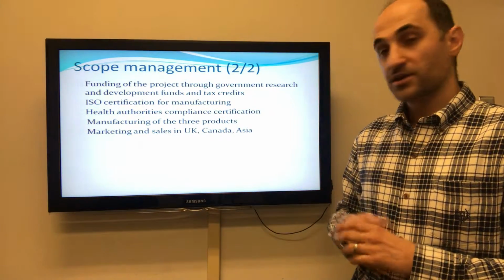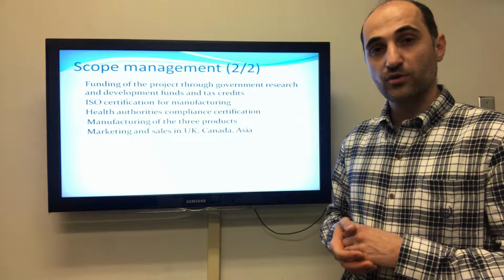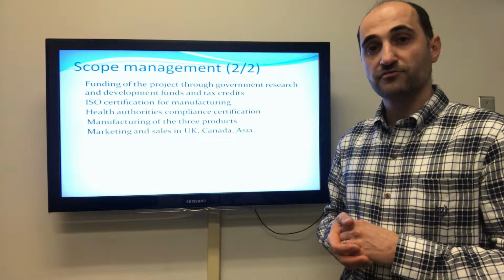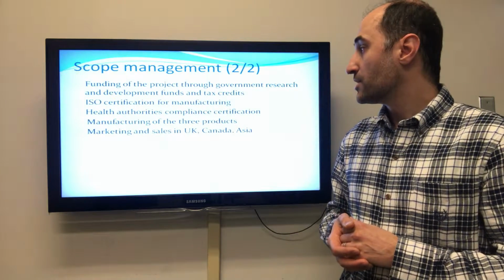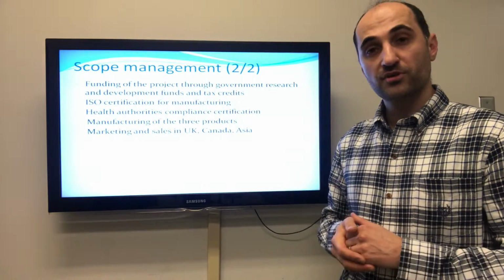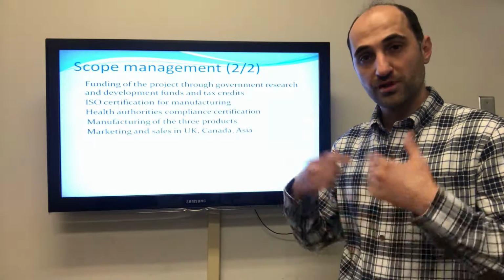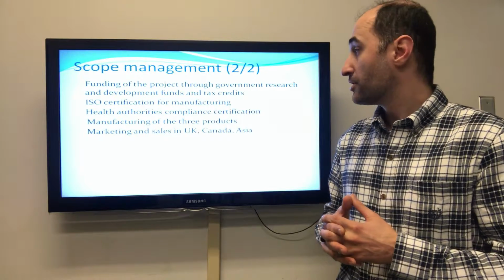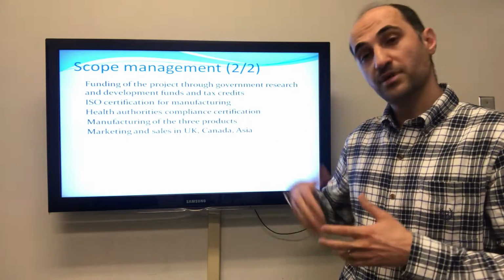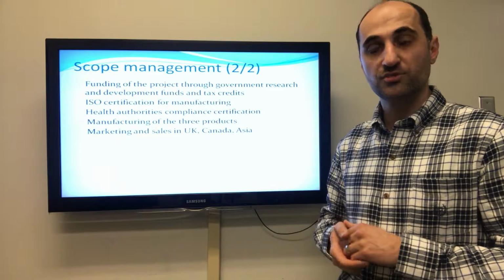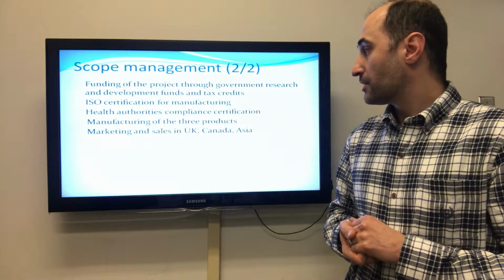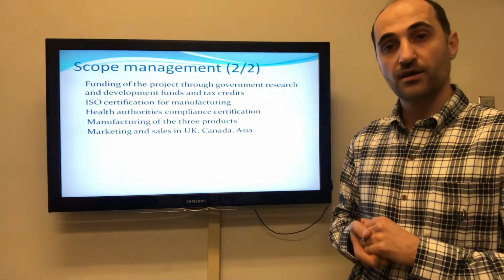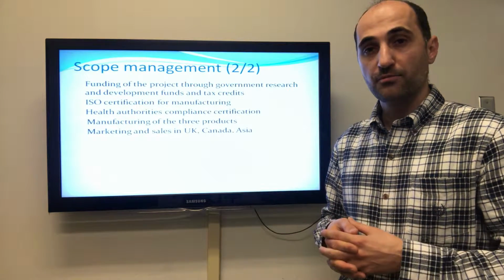And because it's a medical product, it required certification from health authorities. So one major part of this product was to get that certification to be able to introduce that into the market, and basically how to manufacture these three products. And at the end, how to market this product.